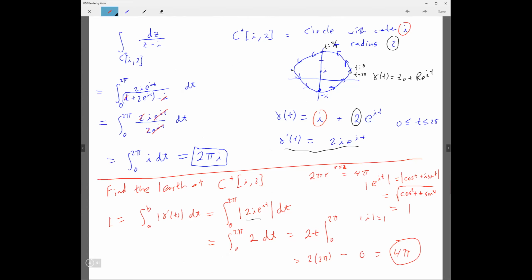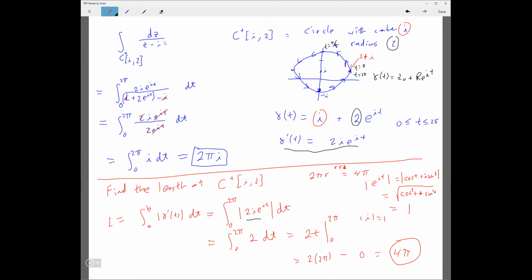Okay, here, we started right here at that point, and we went around and got back to there. So the beginning and the end point are the same. They're both, what is that? 2 plus i, right? This is 2 plus i.